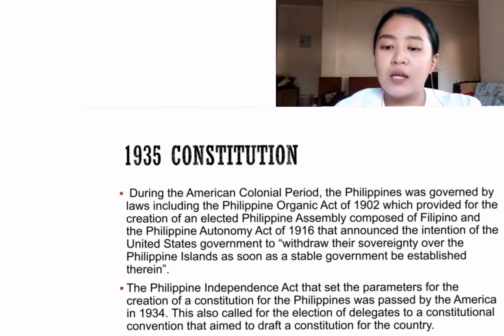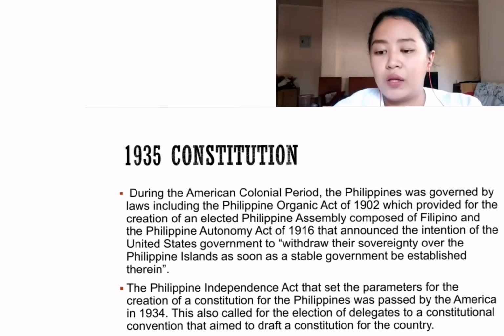is a United States federal law that established the process for the Philippines, then an American colony, to become an independent country. A free country with its own government and laws, free ways of controlling our country.